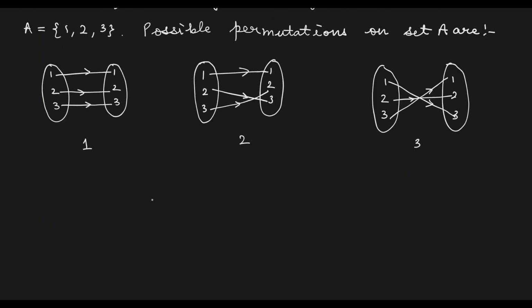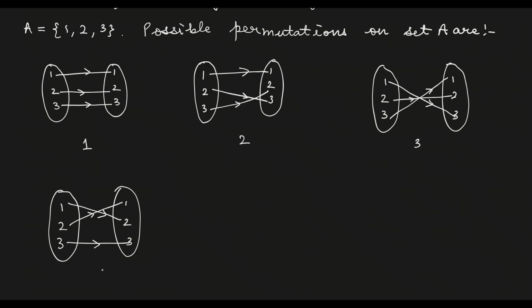Fourth possibility, 1 is mapped to 2, 2 is mapped to 1 and 3 is mapped to 3.